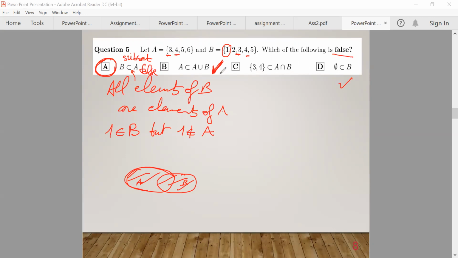So the empty set property and the union property are always satisfied for any sets. C is satisfied because 3 and 4 are elements in both A and B. But B is not a subset of A, I repeat, because 1 is in B, it's not in A.